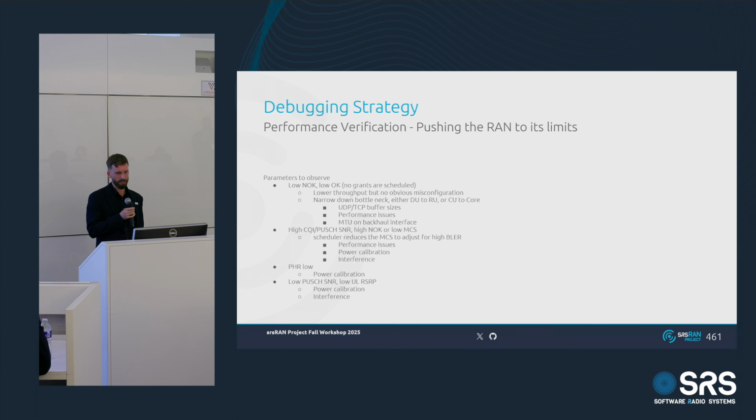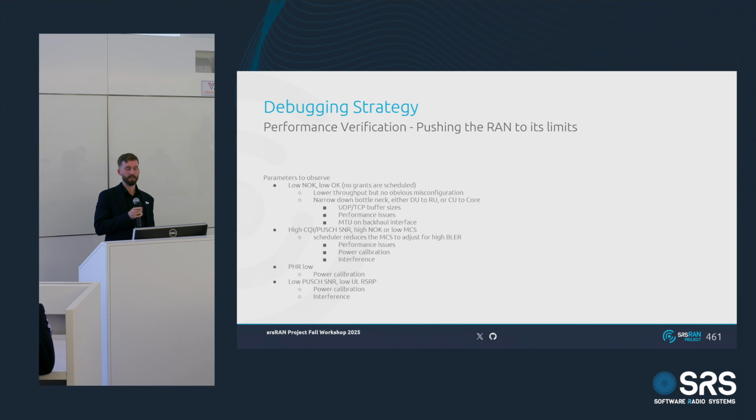So if you see a high BLER, make sure that the CPU is performing correctly. Power calibration could be an issue. So maybe some of the values like the P0 nominal or the SSB block power are not set correctly. Or it could be that there is interference.